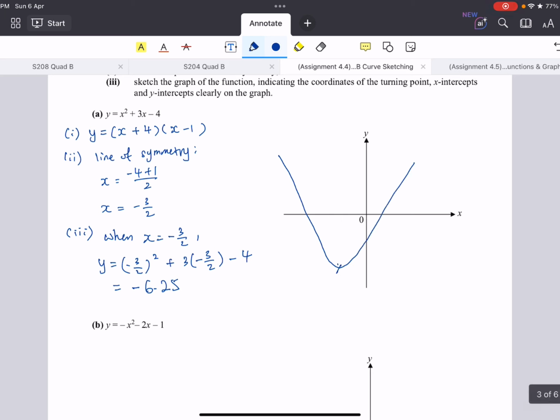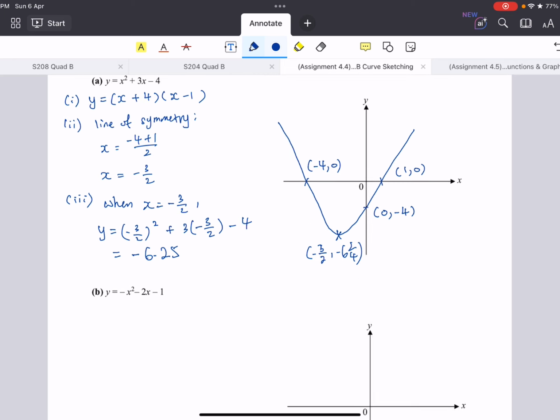Okay, so this point here is negative 3 over 2, negative 6 and 1/4, which is the same as negative 6.25. Over here, the coordinate will be 0, negative 4, right? Over here, this one is going to be 1, 0. And over here, this one will be negative 4, 0. Got it, right?